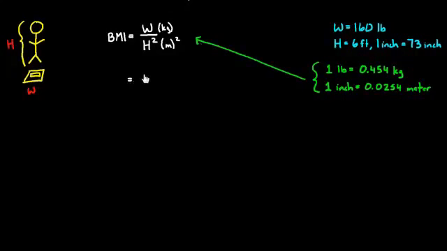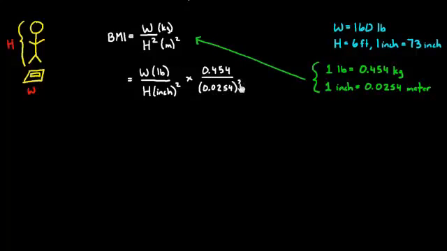So I could say, okay, well now how about weight in pounds and height in inches squared, and I have to multiply, right? Because I have to multiply by the conversion. And so I'll multiply by 0.454 divided by 0.0254 squared.